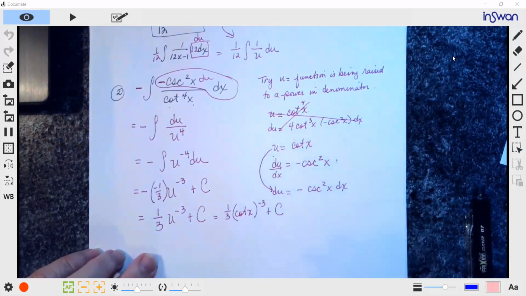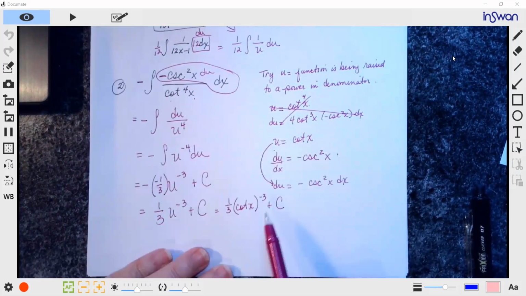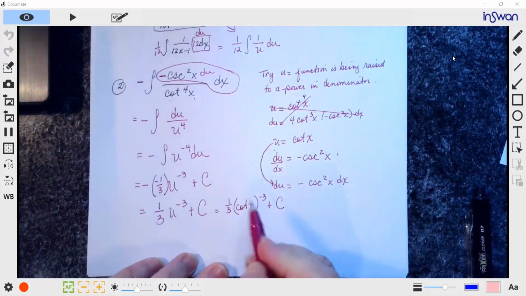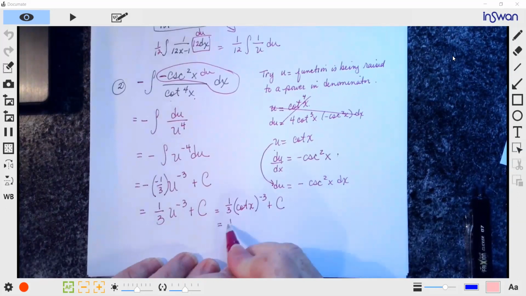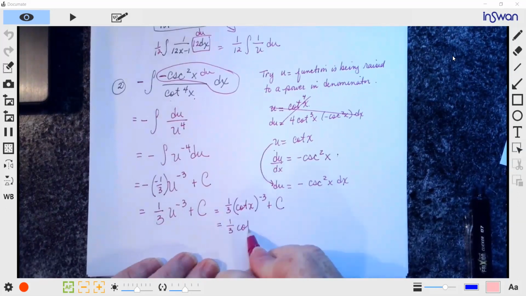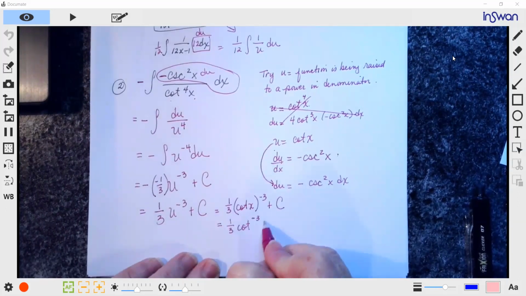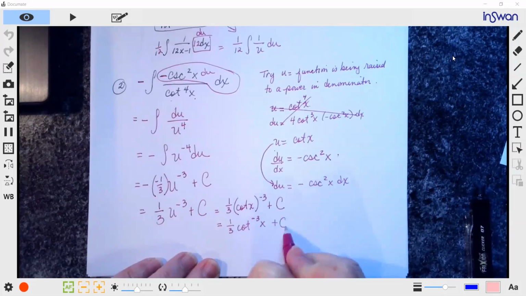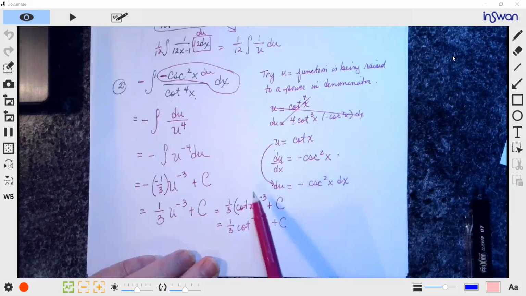Now here's where you have to be careful. For trig functions, you have to remember how it's okay to write the exponents. Cotangent of x all to the -3 could be written like this, or it could also be written like this. The exponent can go completely outside the parentheses, or it can go between the trig function and the argument.